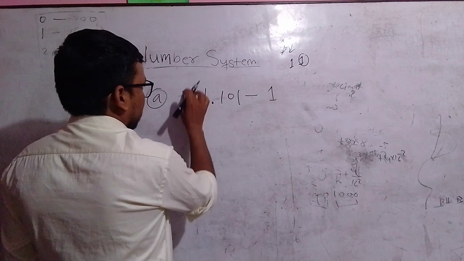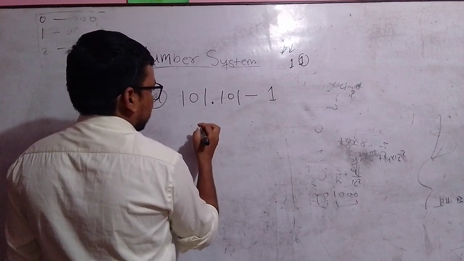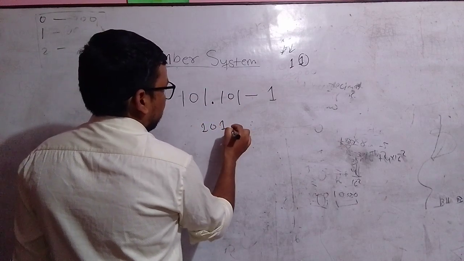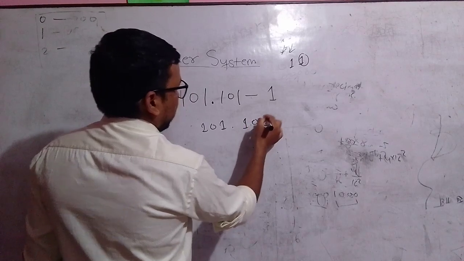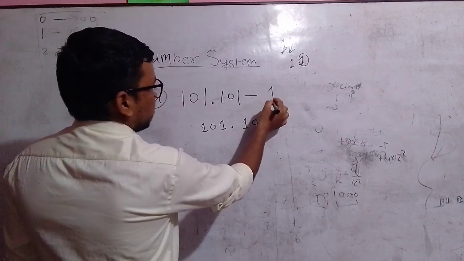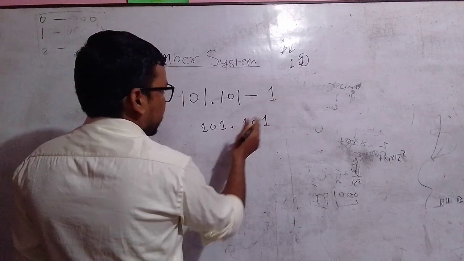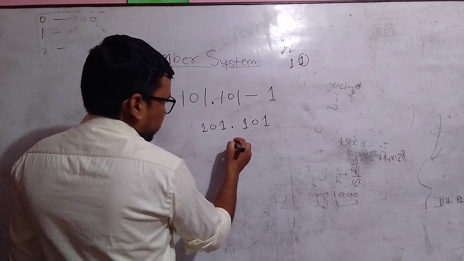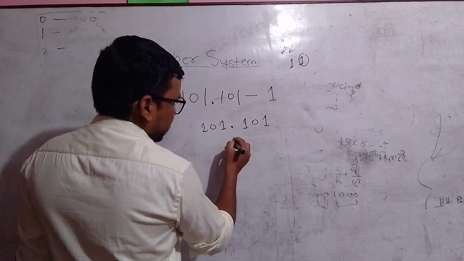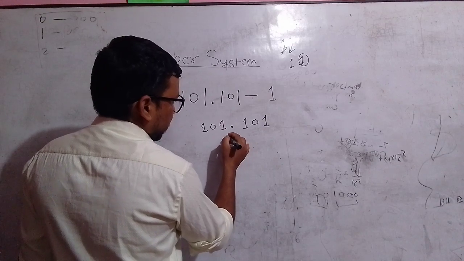First of all, let me write this number first. 101.101 and 1. This is not 0.1. This is the integer 1, so the integer 1 needs to be written before the decimal point.